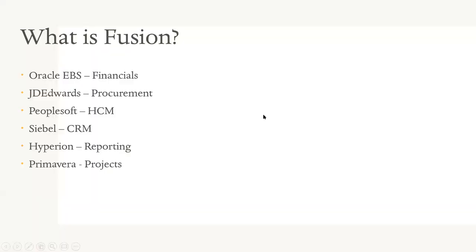Okay. So basically, what is Fusion application? Fusion application comprises of many applications. Oracle had EBS financials. On top of it, Oracle has added another 5 applications which Oracle has procured recently. JD Edwards has been procured by Oracle for the purpose of procurement.